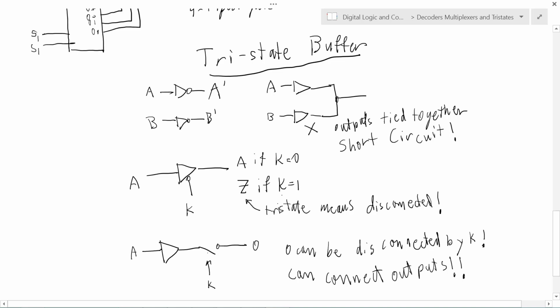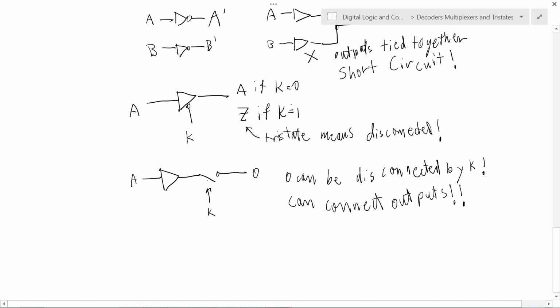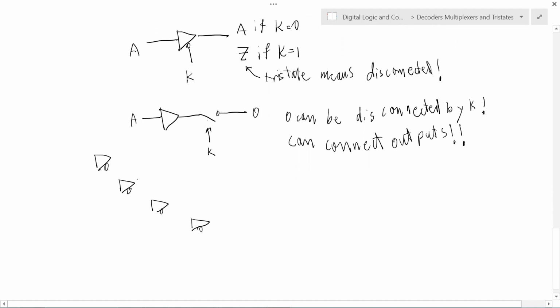Let's use this to advantage with the decoder here. What happens if we place 1, 2, 3, 4 tri-state buffers, like so, and then connect the outputs together?